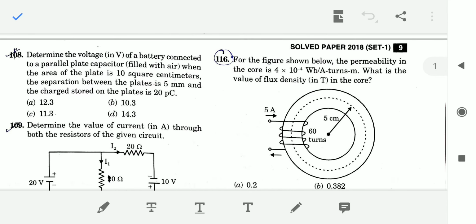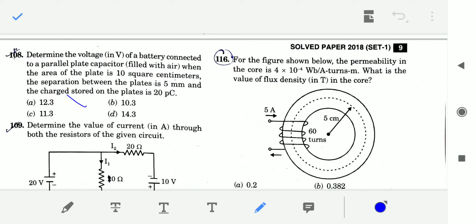And determine the voltage in volts of the battery connected to a parallel plate capacitor filled with air, when the area of the plates is 10 square centimeters. See what he is asking, sir? He is asking you to calculate the V value. He is giving that the area is 10 into 10 power minus 4 meter square.